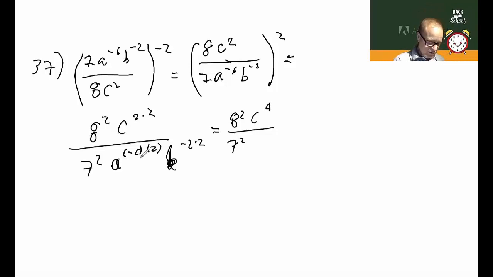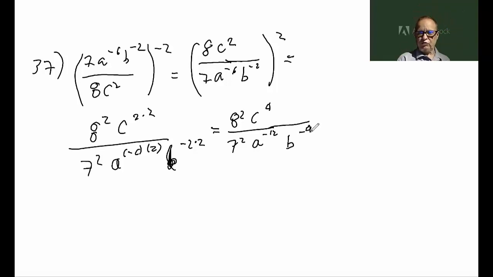Well, as you see, we have negative 6 times 2, and that will give us negative 12. So that's a to the negative 12. And then we have b to the negative 2 times 2, and that's b to the negative 4.